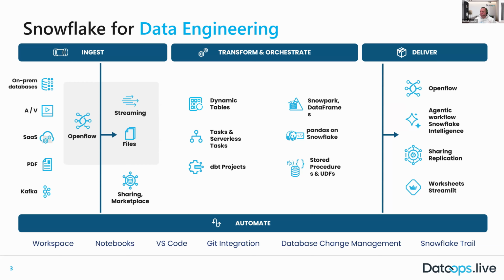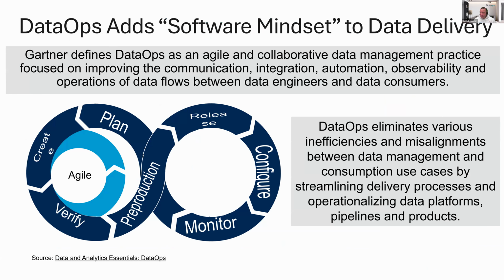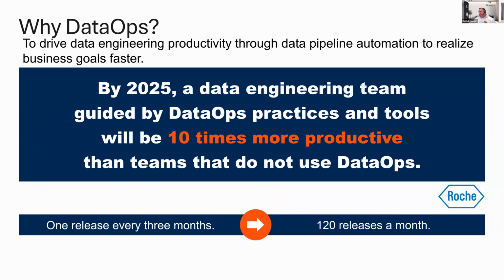It really puts some organizations in a bit of a challenge to bring those DataOps capabilities to the table. As I just said, DataOps is kind of a spin-off of DevOps, bringing the development practice into the data world, but data is a bit different than code for applications. It is said that by 2025, even though we're coming to the end, a data engineering team is guided by DataOps practice. So even though our company is DataOps.live, DataOps is also a practice, a methodology many organizations are following, regardless of your technologies.